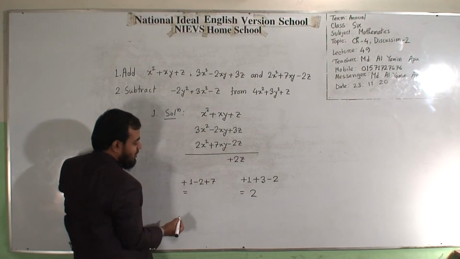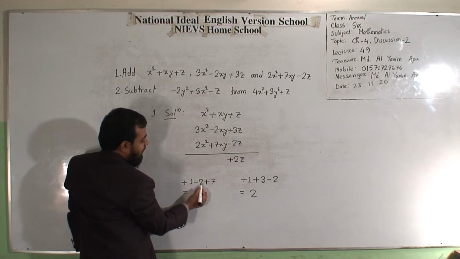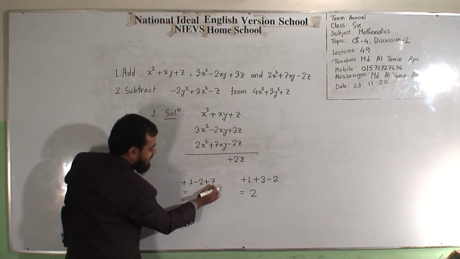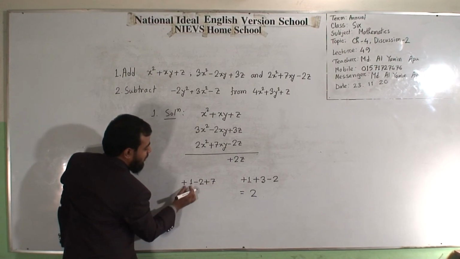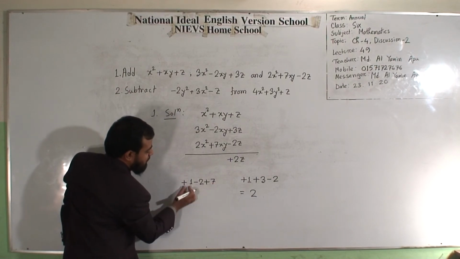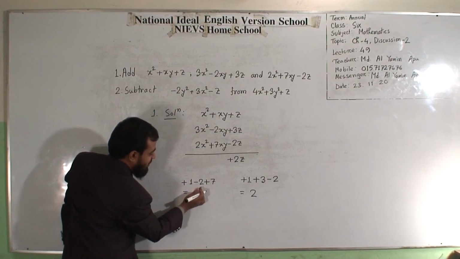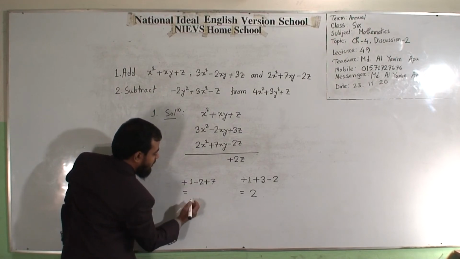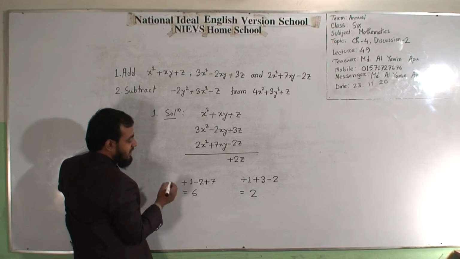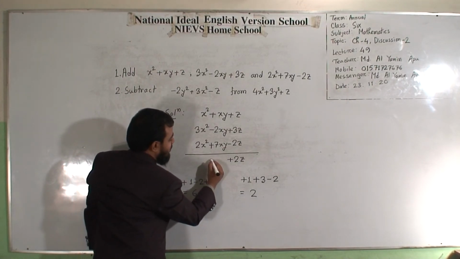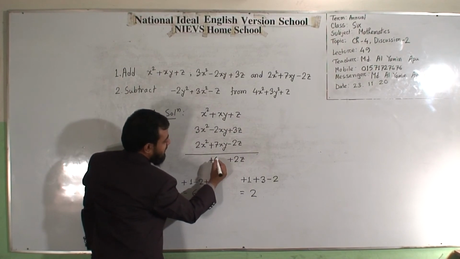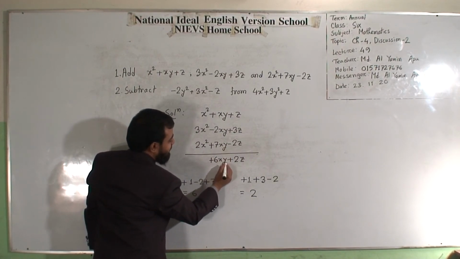So it's a simple addition. Plus 1 minus 2 plus 7. This plus 7 has plus sign, plus 1 has plus sign. So 7 plus 1 equal to 8. From this 8 we have to subtract 2. 8 minus 2 equal to 6. So it will be plus 6. 6 has no sign, that means it's plus 6. So we get plus 6 and the variable is xy.